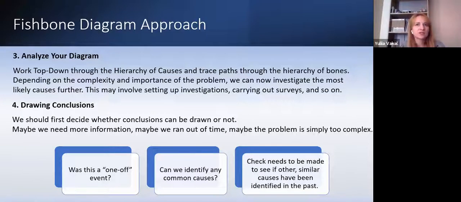If the working group is confident that the right root causes are identified, we just need to double-check a few questions. Again, was this a one-off event? Can we identify any common causes? That's an important thing as well. A check needs to be made to see if similar causes have been identified in the past.